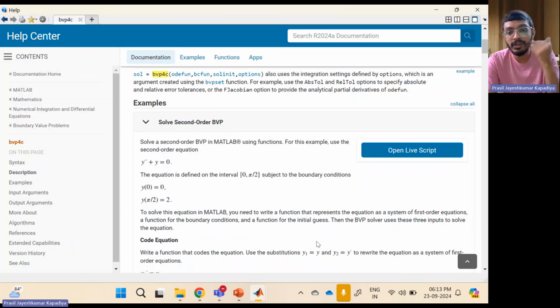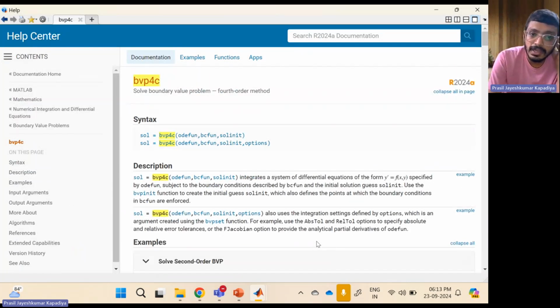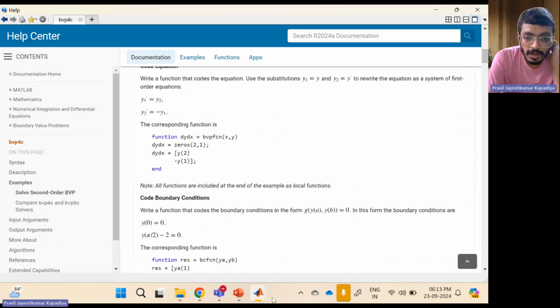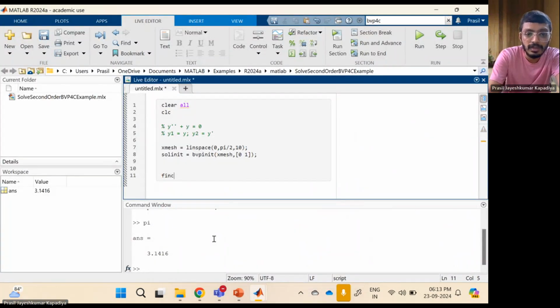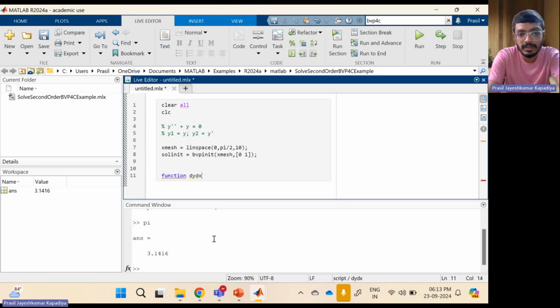So next, what do we need to do? For using the BVP4C MATLAB inbuilt function, we need to write two functions, the ODE function and the boundary condition function. So let's write down the ODE function. Let's say function dy dx is equal to ODE fun, the ODE function.